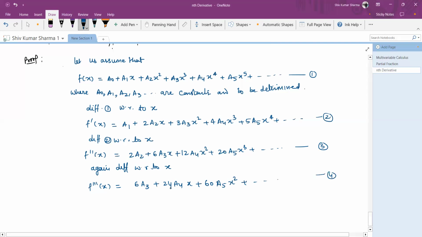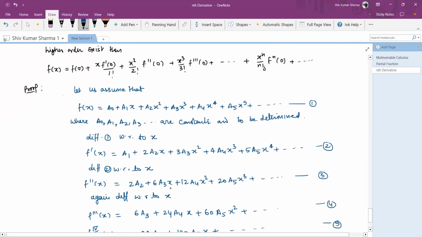So this is our equation number 4. Now again differentiate. So we write that f4(x) is equal to 24a4 plus 120a5 x plus and so on. So this is equation number 5.